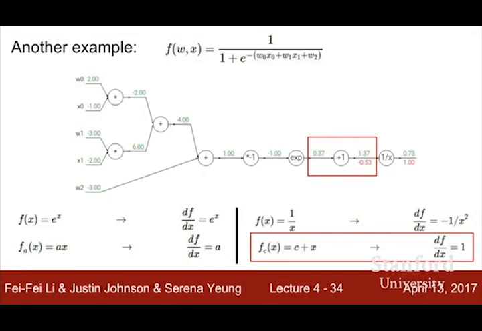So what's the gradient with respect to this variable using the chain rule? It's going to be the upstream gradient of negative 0.53 times our local gradient of 1, which is equal to negative 0.53.